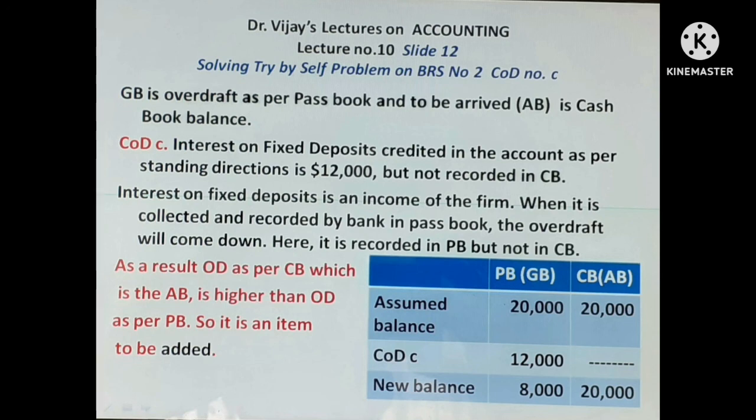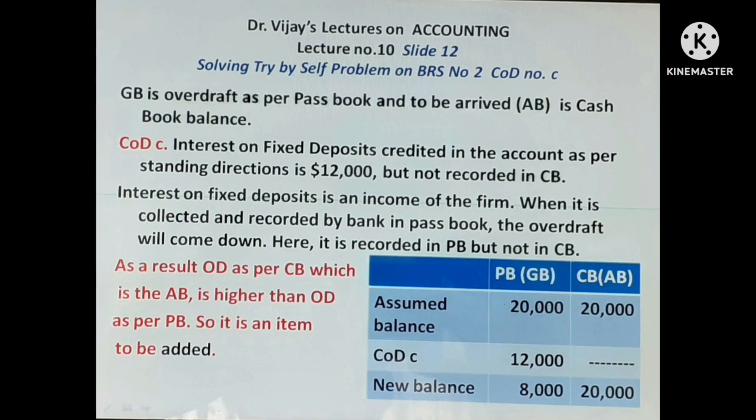See, interest on fixed deposits is a collection, an income of the account holder. So when it is recorded, when there is overdraft, the overdraft should come down. The entry has come only in passbook, so overdraft has come down only in passbook. In cash book, it continues to be higher. Cash book is the arrived balance, it continues to be higher, so the item is to be added.